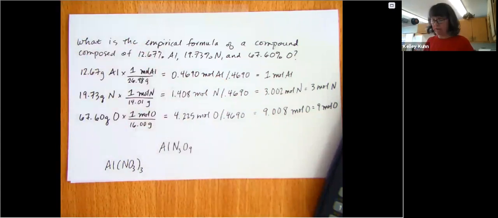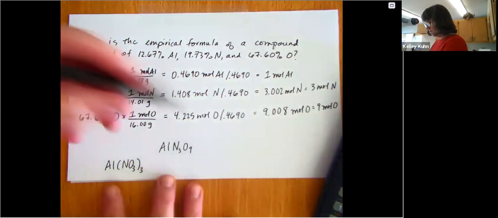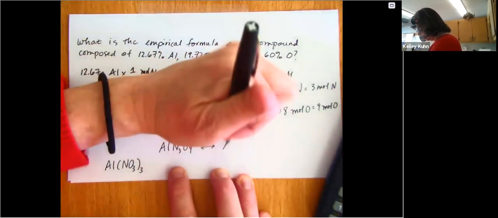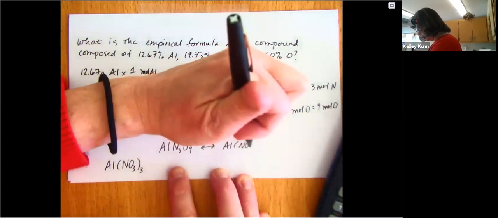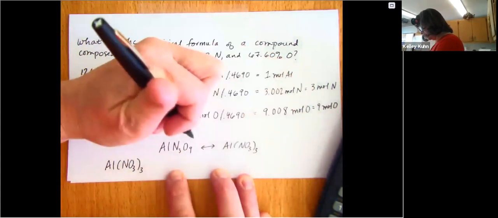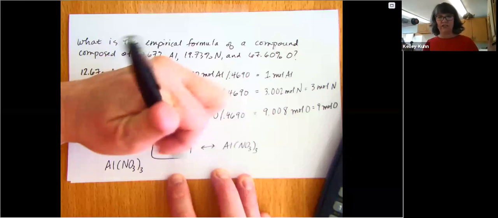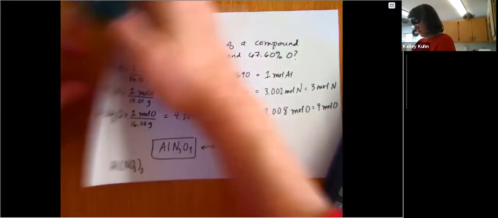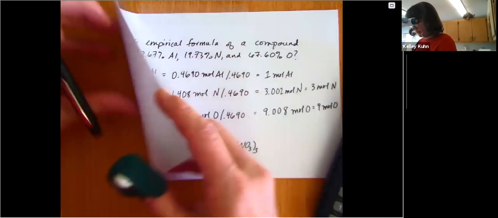So as you get familiar with some of these ions, you'll know that that's really the same as this. But this answer is as far as you need to be able to figure out. So let's try one more, and then I will let you try some on your own.